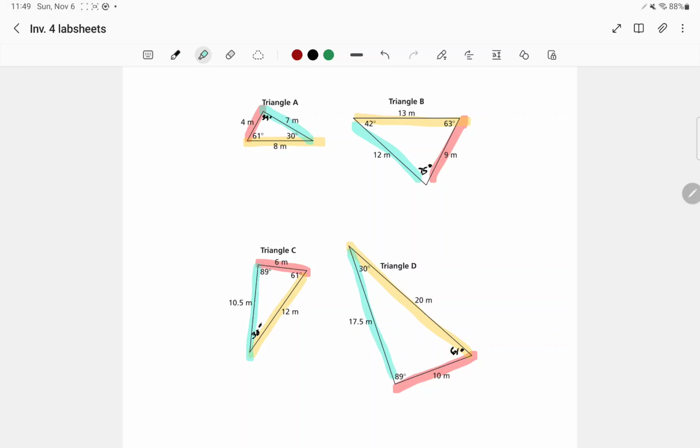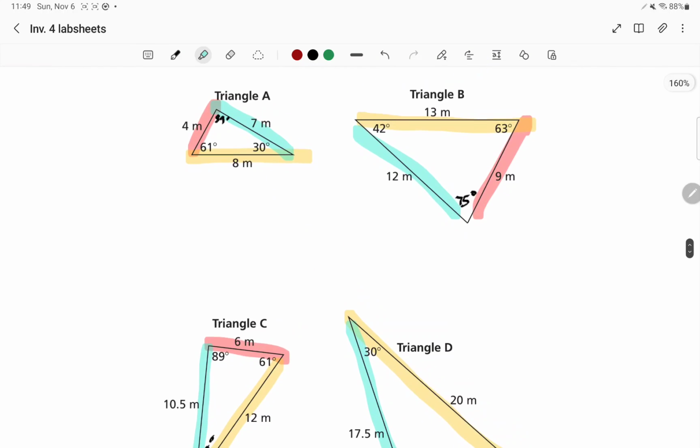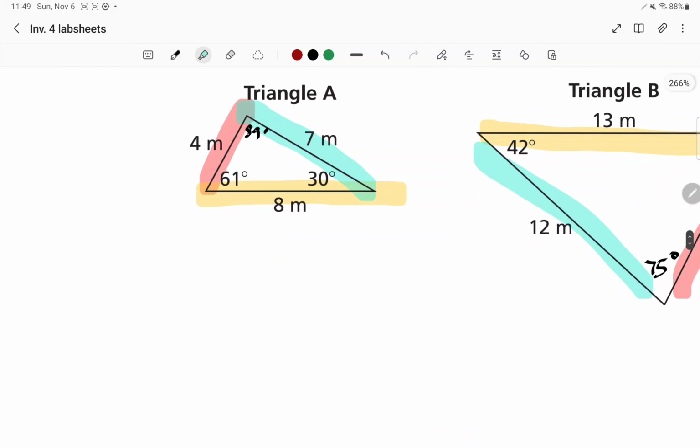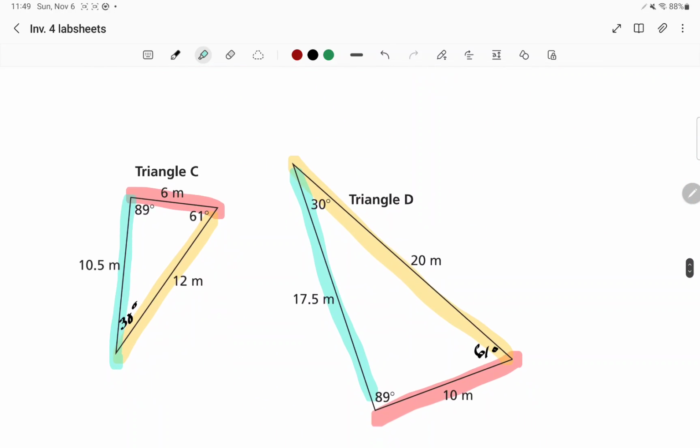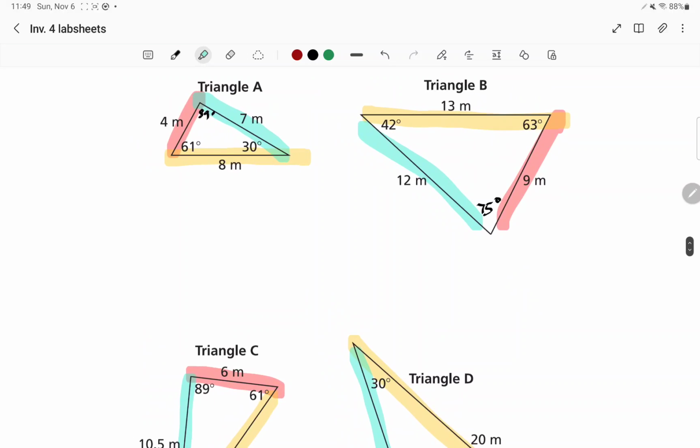All right, so let's take a look at this. First of all, I went ahead and figured out the missing angles. Some of those missing angles were 89, 30, 61, and 75. Remember, every triangle needs to have 180 degrees in it, so figuring out that missing angle is pretty simple.